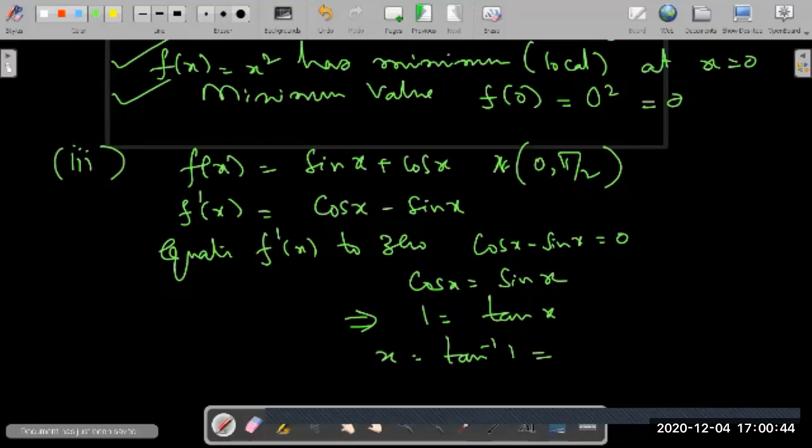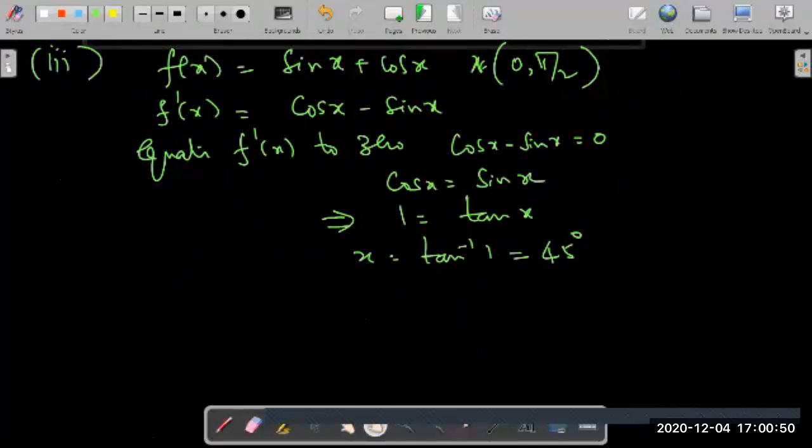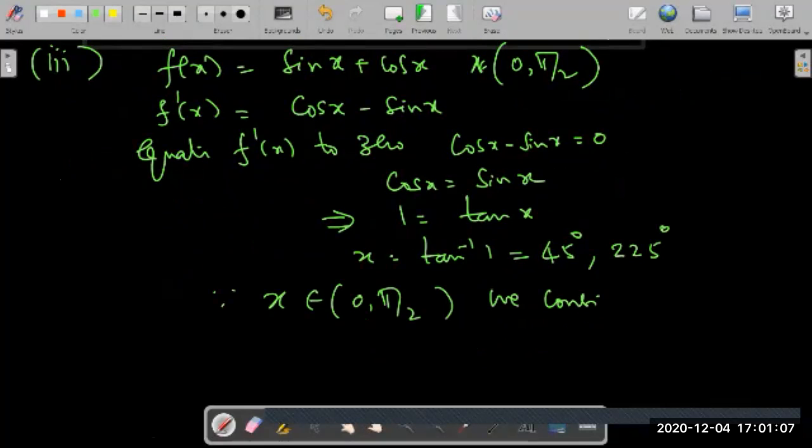That is 45 degrees. For other places it will also be 1, because 225 degrees also gives 1, 180 plus 45. But since x belongs to 0 to pi by 2, we consider x equal to 45 degrees only.